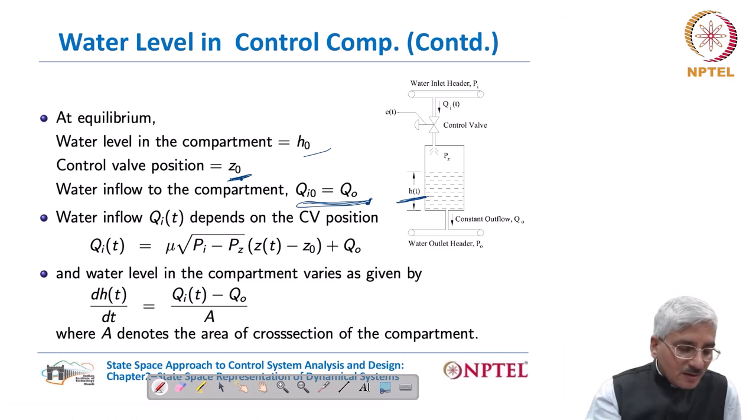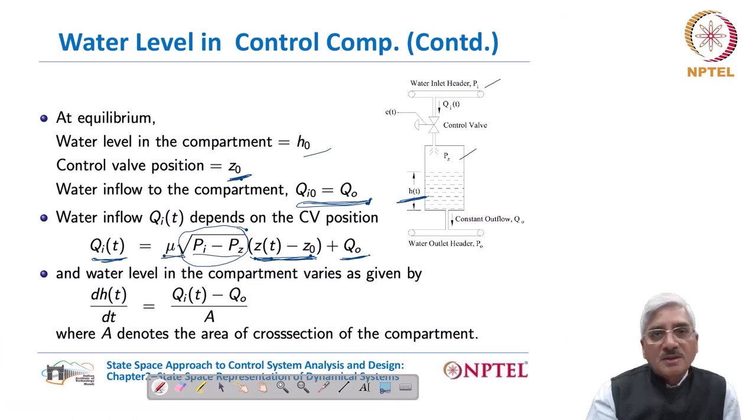So the time dependent inflow Qi will be Q naught plus a term proportional to Z(t) minus Z naught, the valve displacement relative to its equilibrium position, multiplied by the square root of the pressure difference Pi minus Pz, into a constant of proportionality.